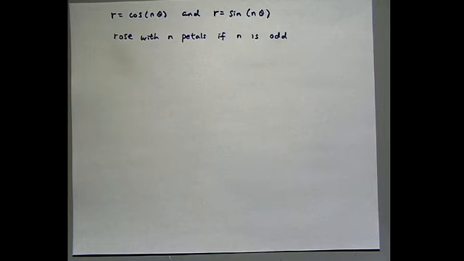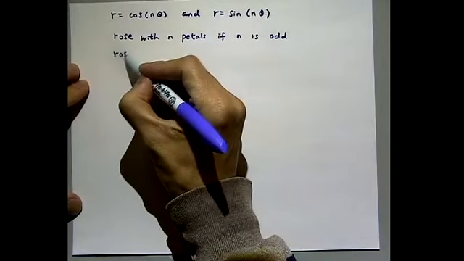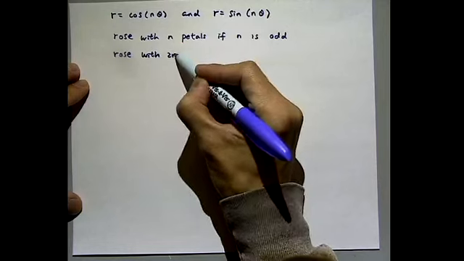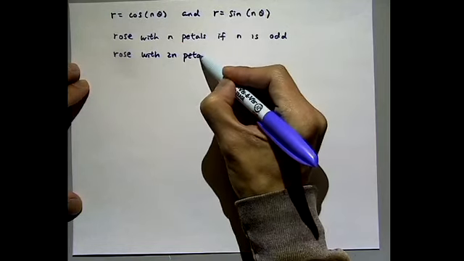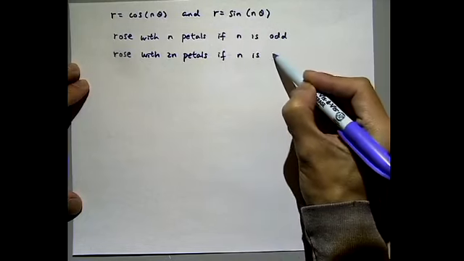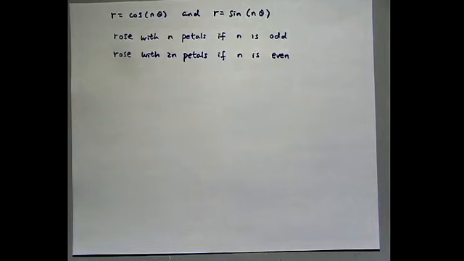It's a circle, but you think of it as a flower with a circle petal. And this is a rose with 2n petals if n is even. Look at the second example we did. Sine of 2 theta gives me 4 petals.